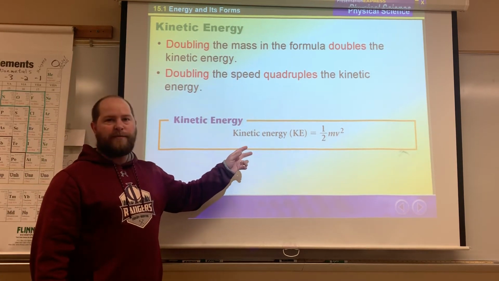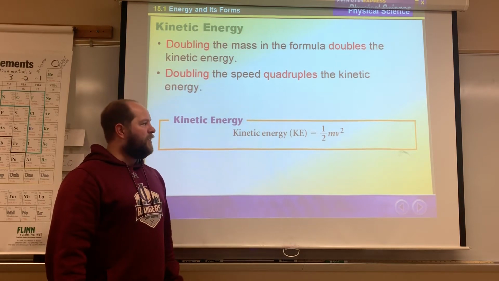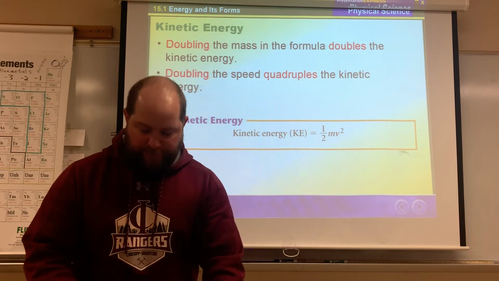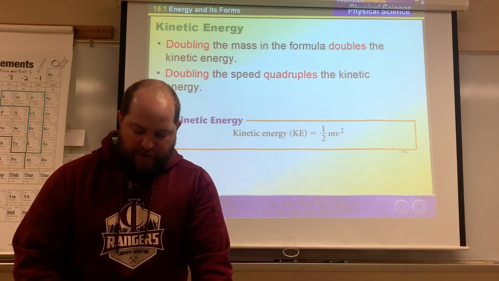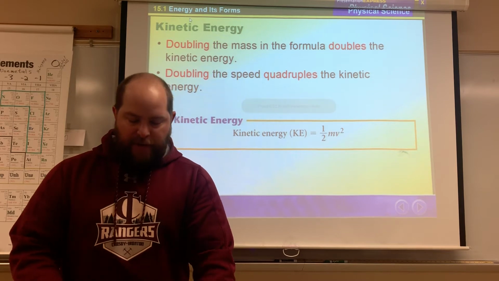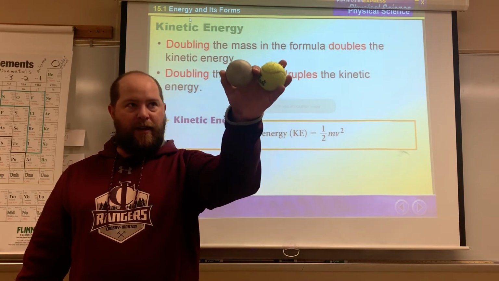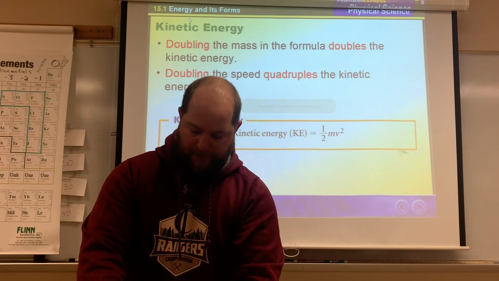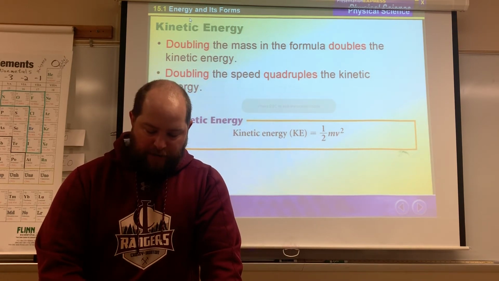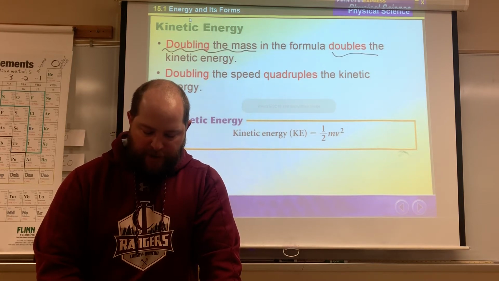The formula is pretty simple. To calculate kinetic energy, take 1/2 times the mass times the velocity squared, or speed squared. So let's think of the tennis ball and the lacrosse ball here. Let's say we double the mass, and like we're learning here, doubling the mass doubles the kinetic energy.